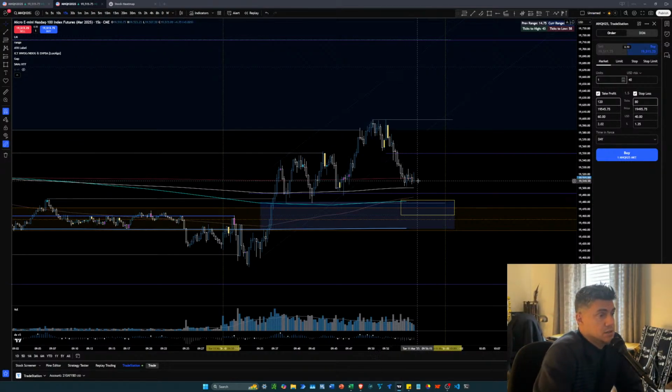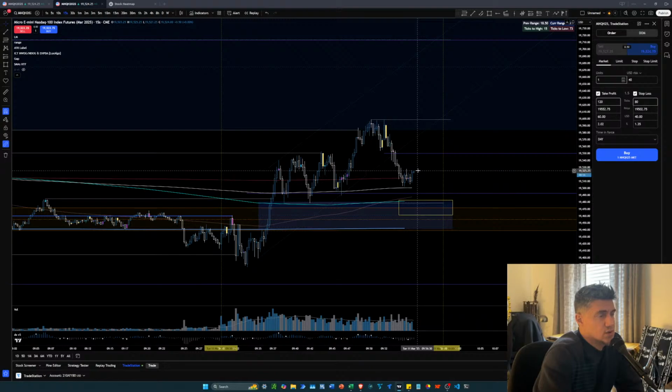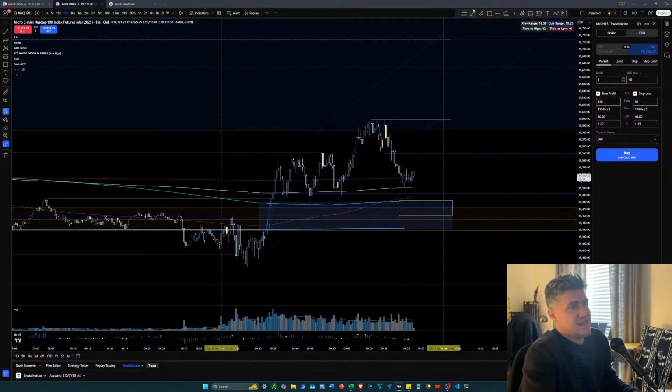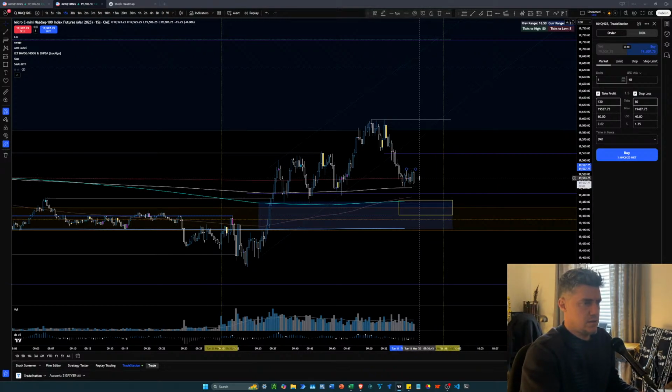Drop base drop or drop base rally. I'm going to guess drop after we just tippity tap this, or not.